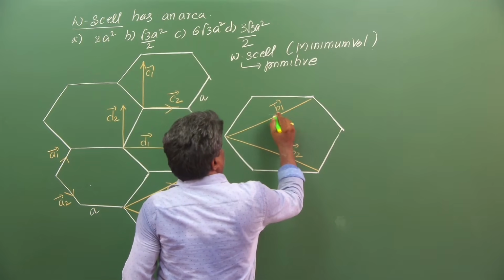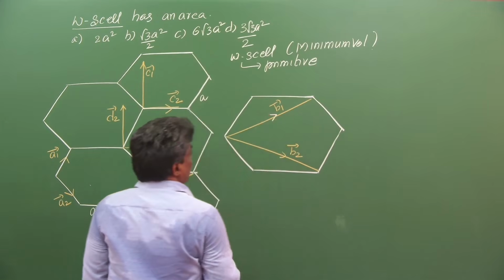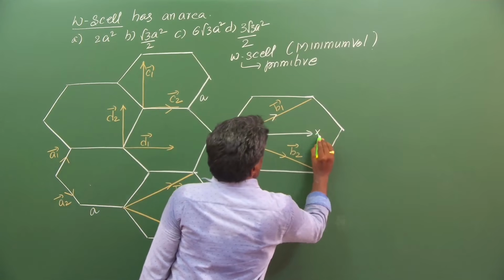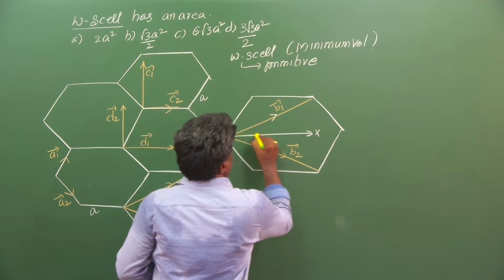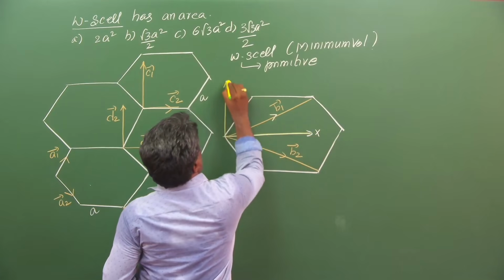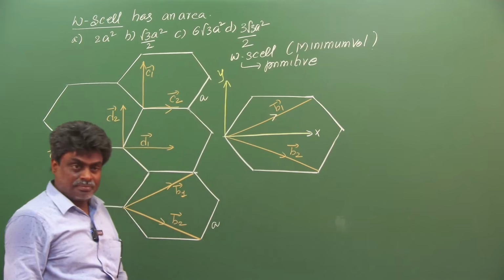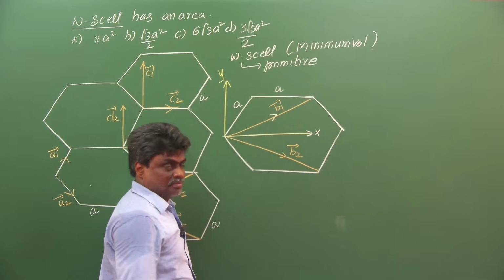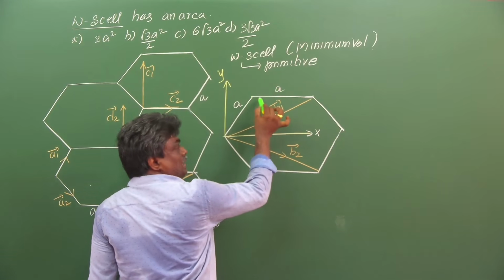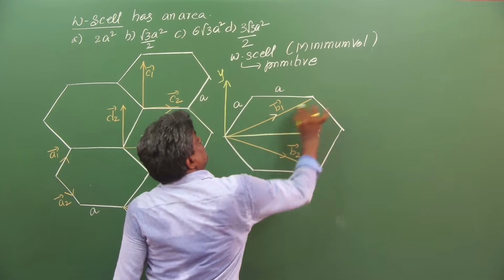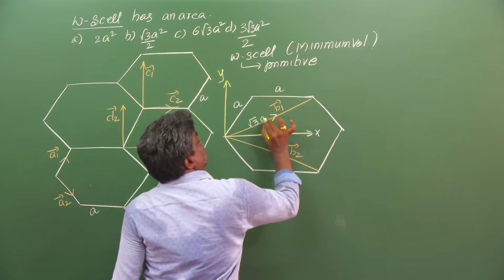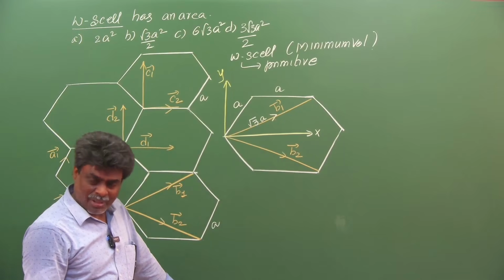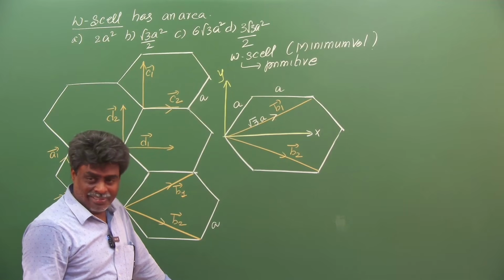So this is the B1, B2. Now I am taking this as the x-axis and this as the y-axis. Now, you know the side length is given as A, and the angle is 120, that is why this length is root 3 times A. How to find it?